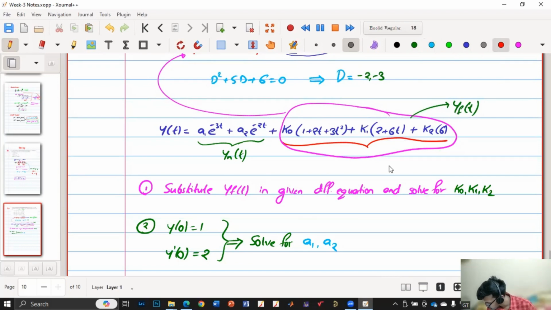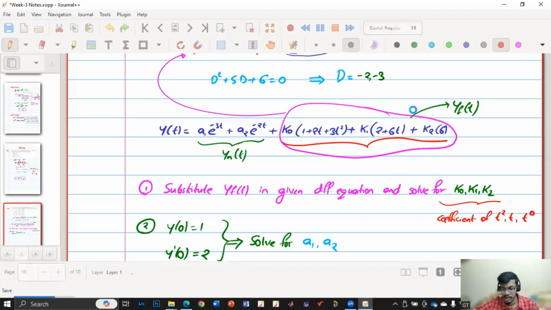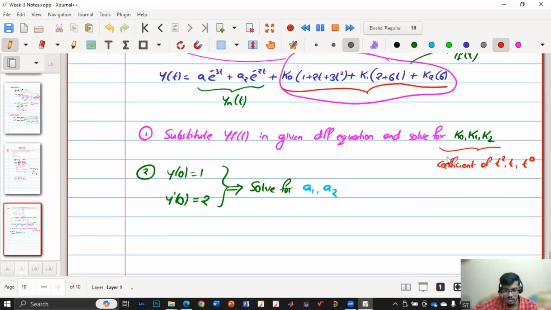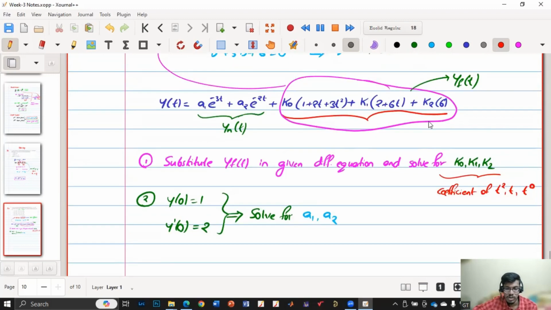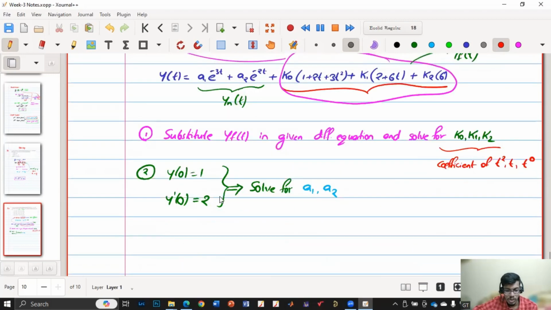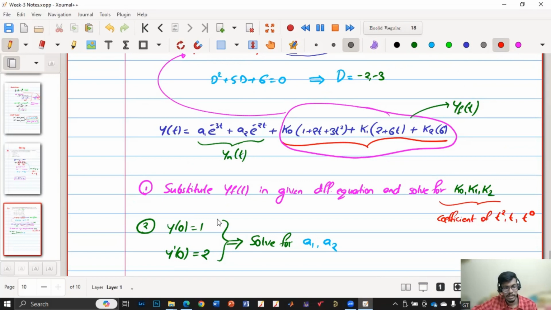So you'll get three equations because of the coefficients of t square, t, and t to the power 0. You have three coefficients on the LHS side, three on the RHS side. Solve for K0, K1, K2, three equations, three unknowns. After getting K0, K1, K2, using the boundary conditions you will get two equations, then solve for A1, A2, then you'll get the overall expression.